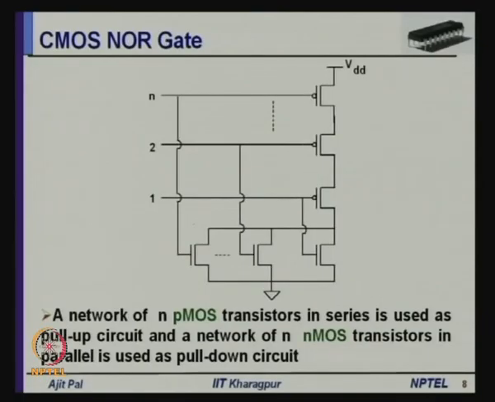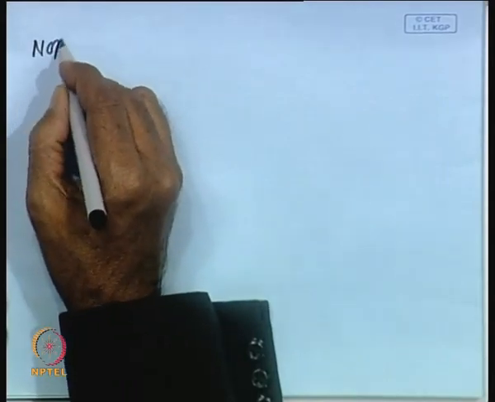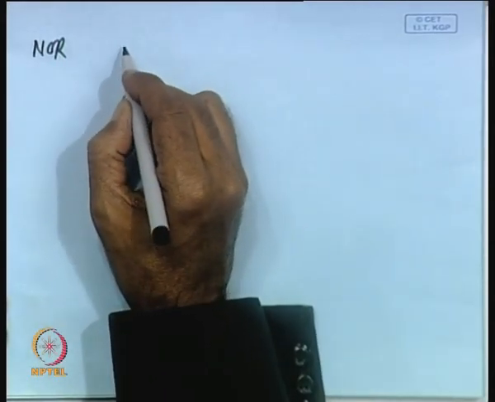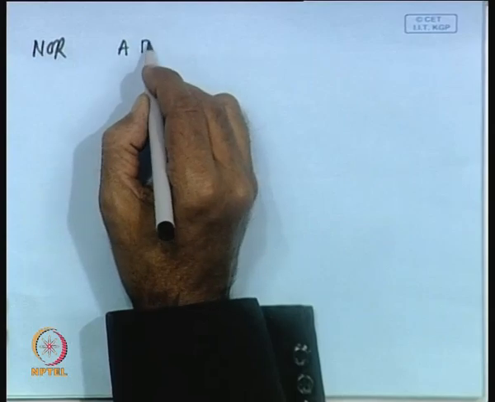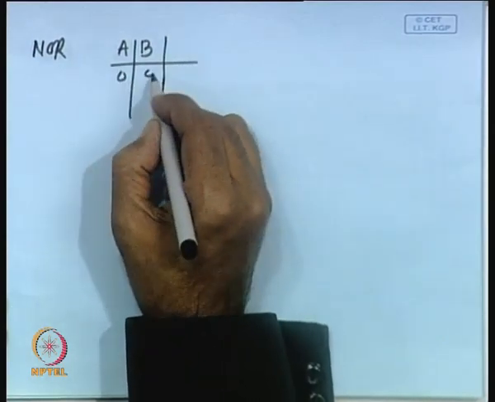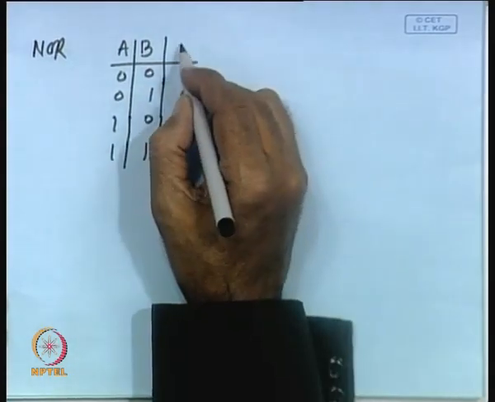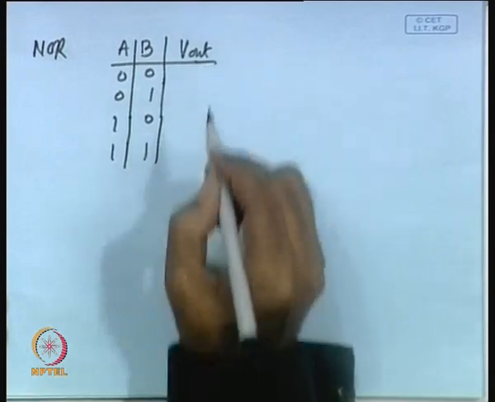Now, let us consider a NOR gate in a similar manner. So, a NOR gate, what is the realization? By extending the same concept of NAND gate, a NOR gate, as you know, if it has two inputs, 0 0, 0 1, 1 0 and 1 1, and V out for NOR gate.